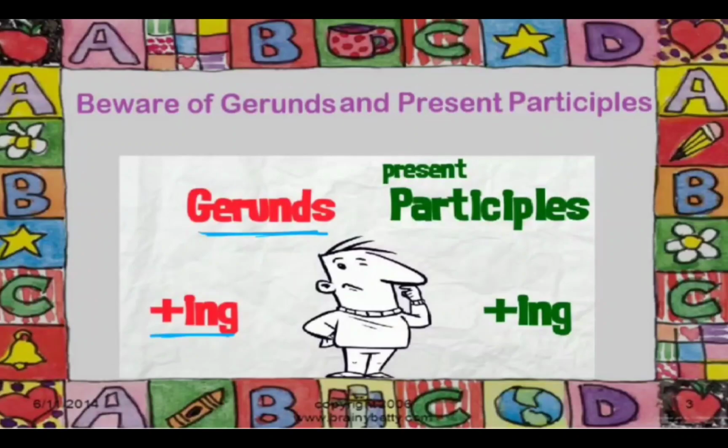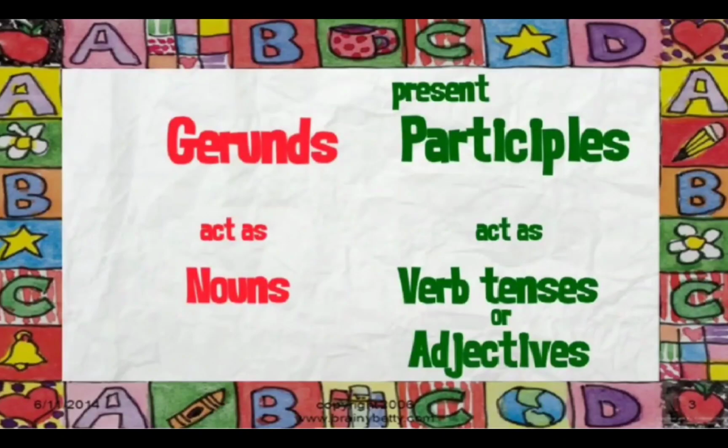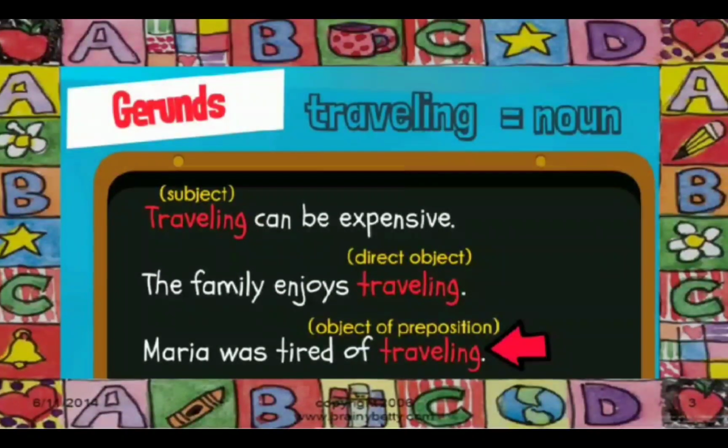Now, how will you identify gerunds? I will explain. Gerunds basically act as nouns. If an ing word looks like an activity, or is an ing verb without a helping word before it, it becomes a gerund. Further sentences will explain that.